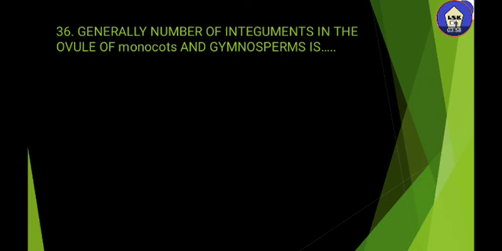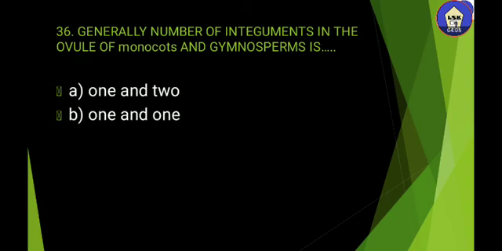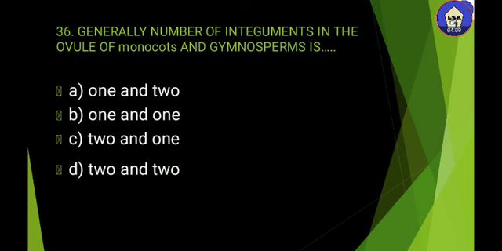Generally, the number of integuments in the ovule of monocots and gymnosperm is 1 and 2, 1 and 1, 2 and 1, 2 and 2. So what is the number of integuments in ovule of monocots and gymnosperm? Let us see the different types: unitegmic, bitegmic, ategmic. So unitegmic means it consists of one.